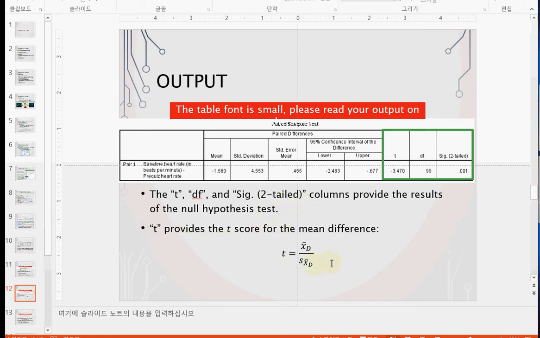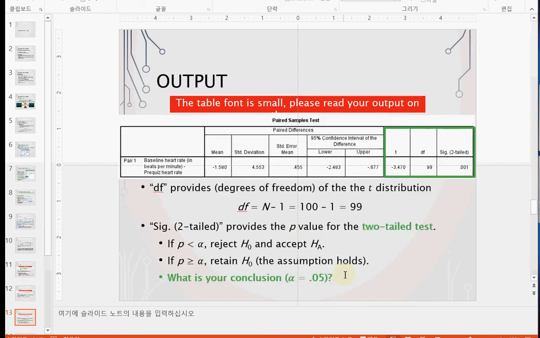The t statistic is computed as usual, and degrees of freedom is 100 minus 1, which is 99. As I said, the paired sample t-test is nothing more than a one sample t-test, because we treat those two measurements as one sample.